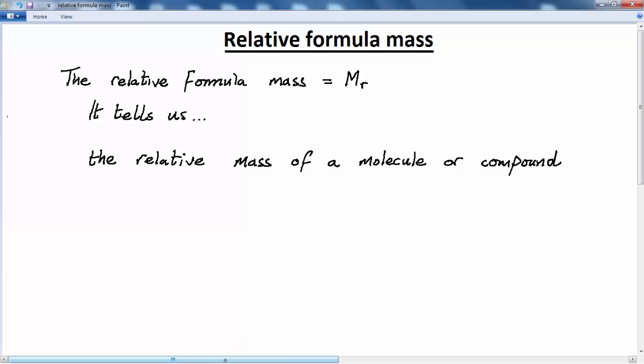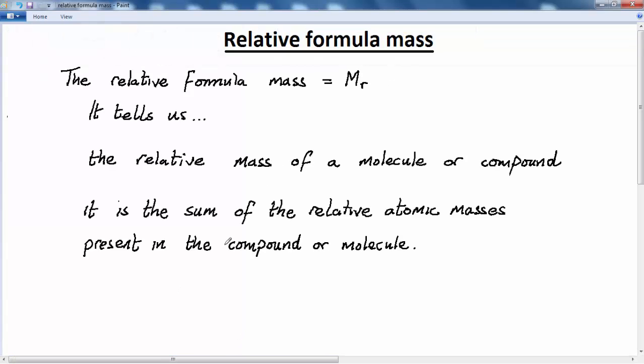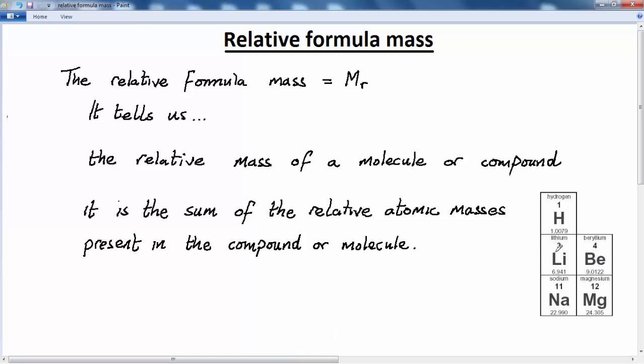Well, to do this we need to find the sum of the relative atomic masses present in that compound or molecule. And to do that we need to look at the periodic table. So let's take a snippet of the periodic table here. And you'll recognize that on each element there are normally two numbers given on the periodic table.